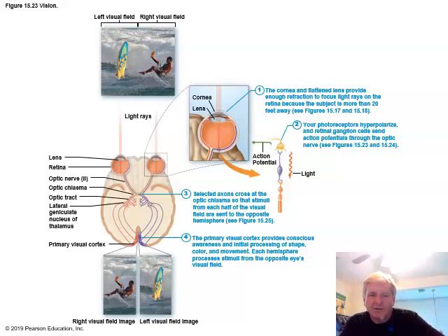That's distant vision. Now your photoreceptors hyperpolarize the retinal ganglion cells, which send action potentials through the optic nerve. Then you'll have selected axons that cross at the optic chiasma, so that stimuli from each half of the visual field are sent to the opposite hemisphere.